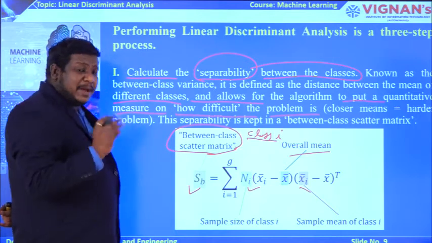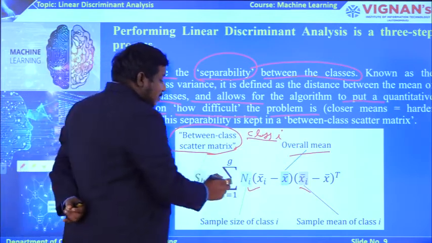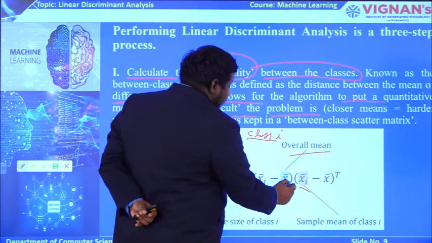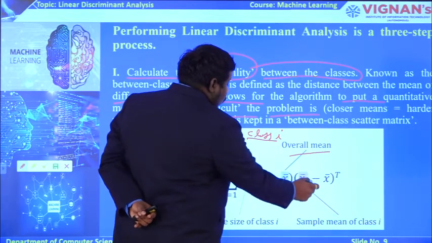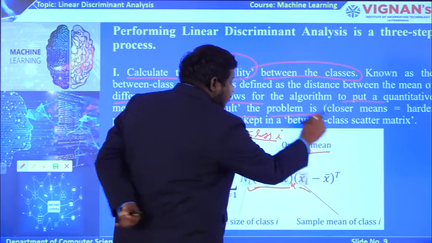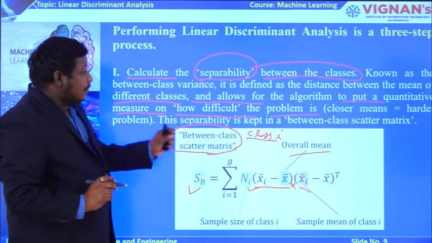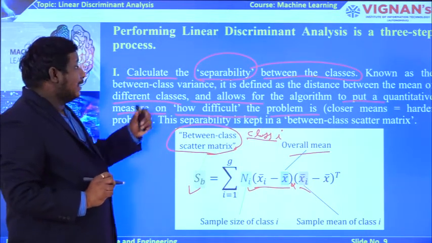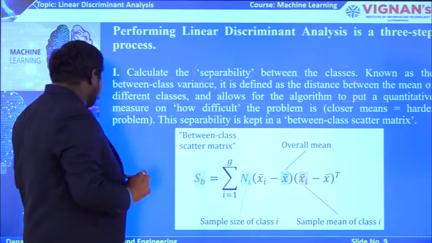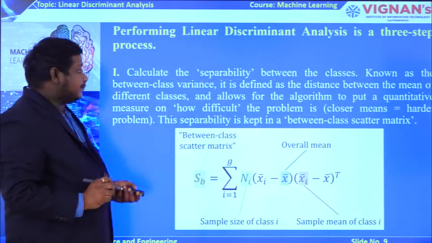So, we subtract the overall mean from the sample mean of a class, and similarly it is multiplied with the same term transposed. This is the formula with which we are going to calculate the separability of a particular LDA model which we are considering for a class i.